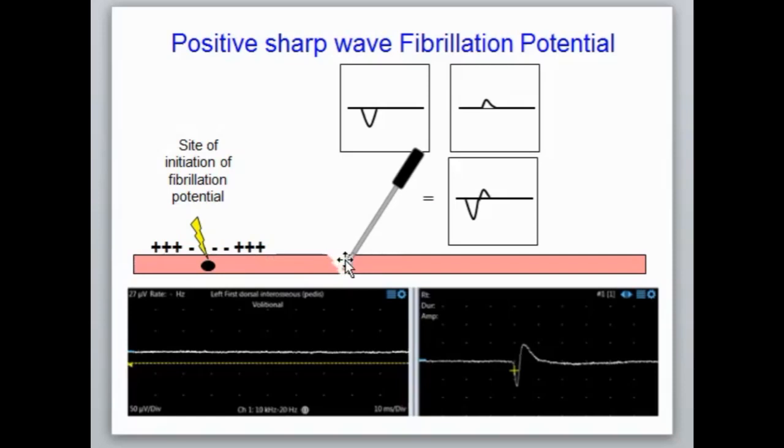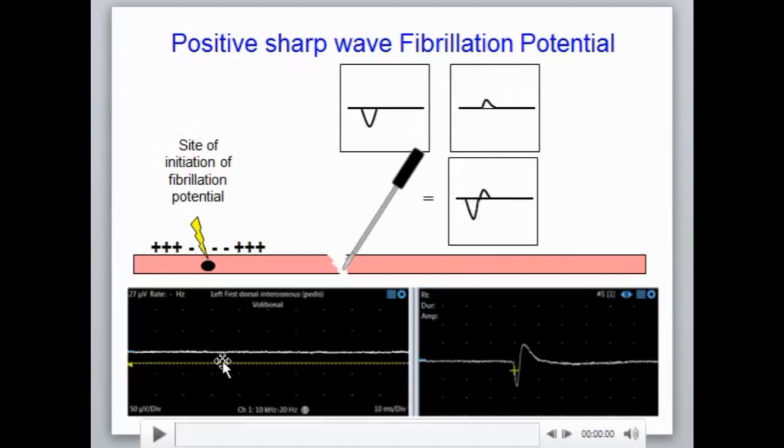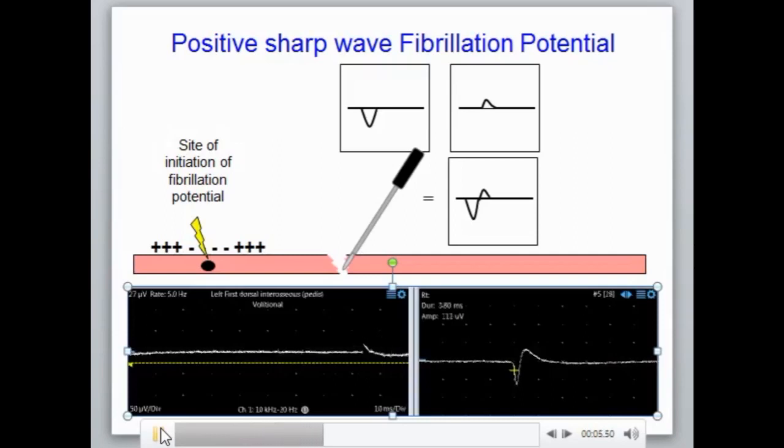In essence, there's some type of block of the electrical field, so the recording electrode will only record the initial positive field and maybe a bit of the negative field, and that's what is recorded as a positive wave or a positive sharp wave, and it would look something like this. So the morphology again reflects where the recording electrode is in relation to where the fibrillation potential is being generated.